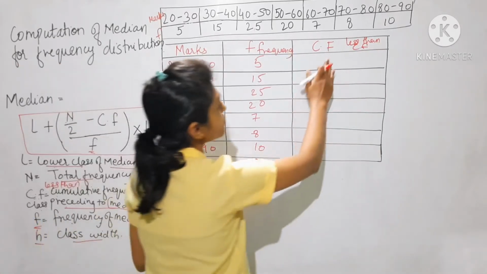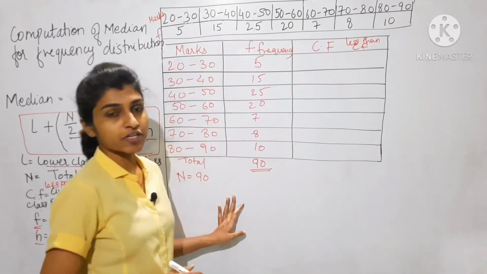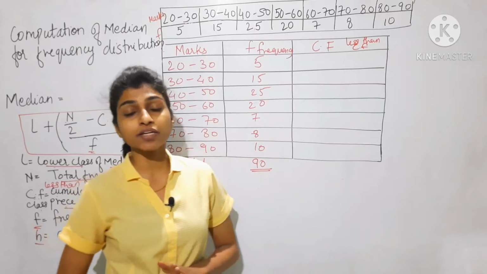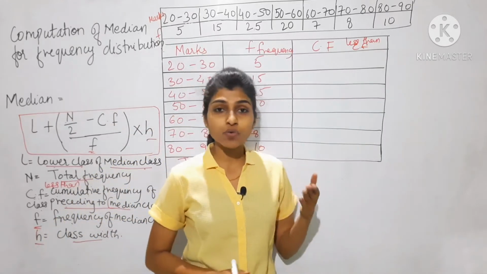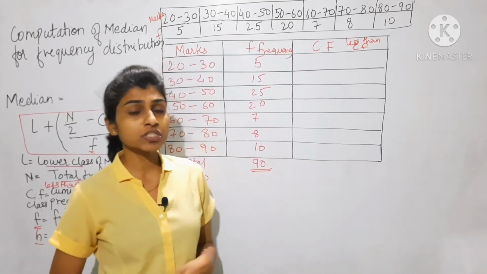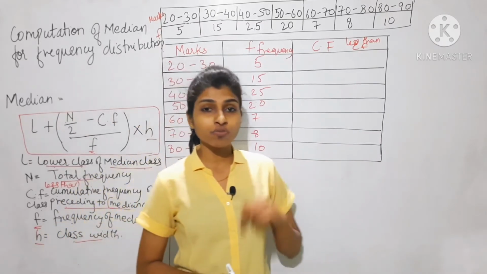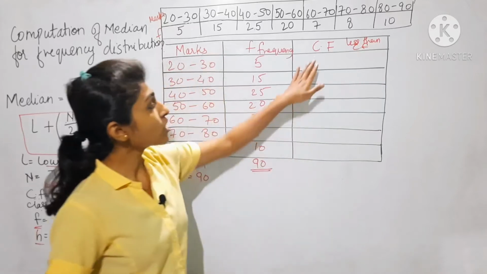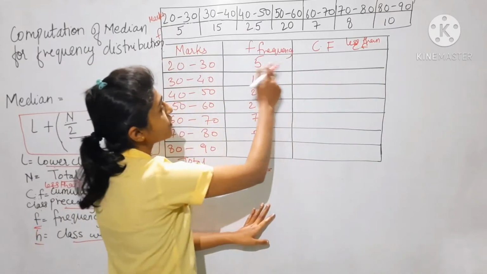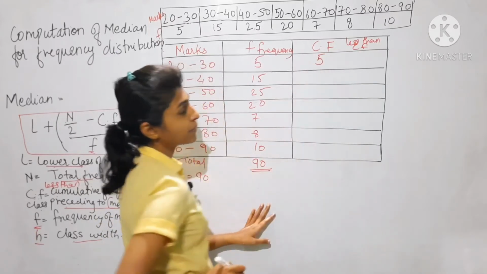Okay, now find less than cumulative frequency. Already in my frequency distribution lecture I have explained how to calculate less than cumulative frequency and more than cumulative frequency. Watch that video, the link you will find in the description box. So now to find less than cumulative frequency, the first class frequency will be as it is.